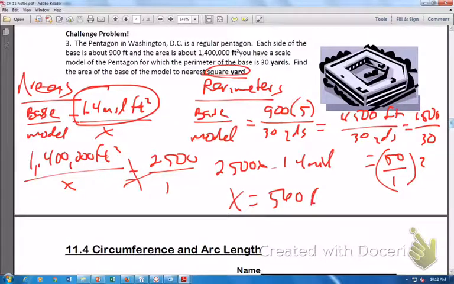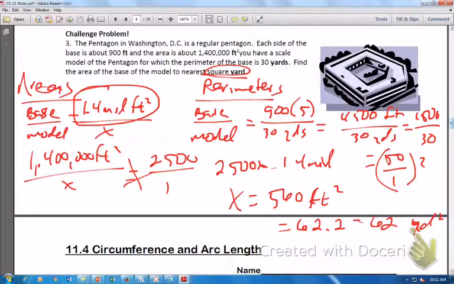Okay, that's our units. We want square yards. So again, take 560 and divide it by 9, because there's 9 square feet in 1 square yard, and we get 62.2. They want this in the nearest square yard, so it's just going to be 62 square yards.